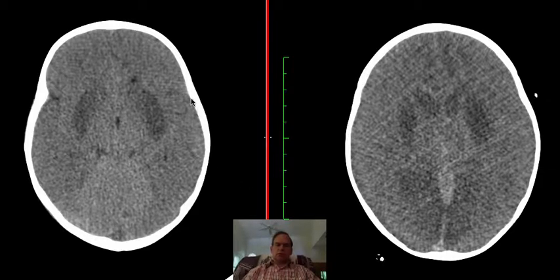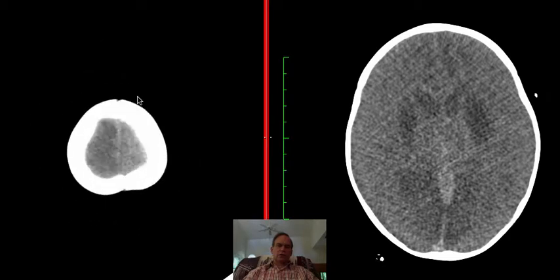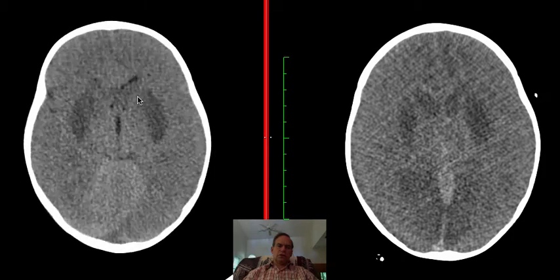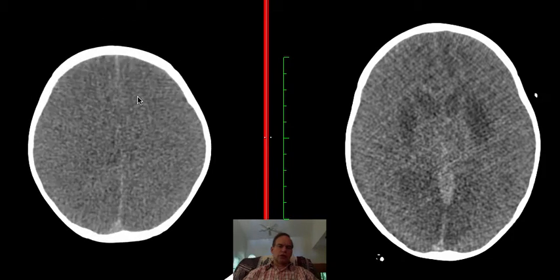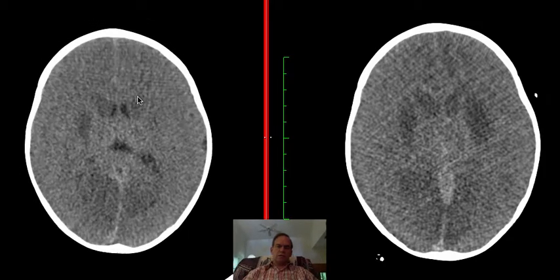But what differs in this patient is that you don't have arterial territories affected, or not specifically. You have regions that are more susceptible to decreased oxygen, and that's what we see here.